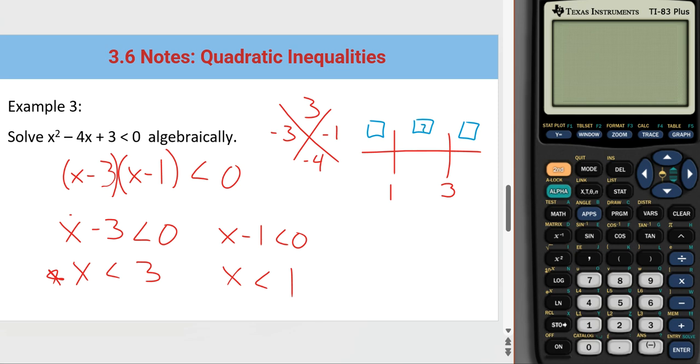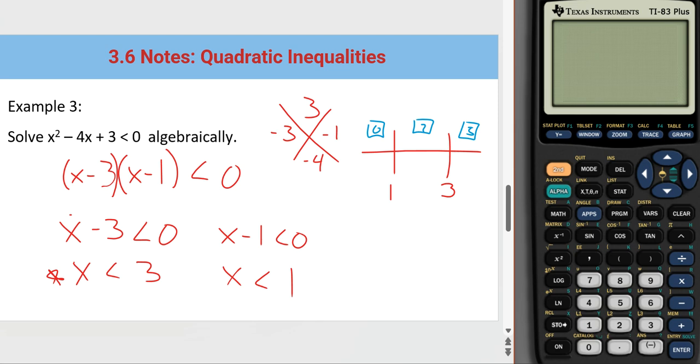So you could check a 2, you could check a 0, and you could check 5 if you wanted to. And you're trying to determine if these two values are true and this value is false, or if these two values are false and this value in the middle is true. We can shortcut that because it's got to be one of those two possibilities.